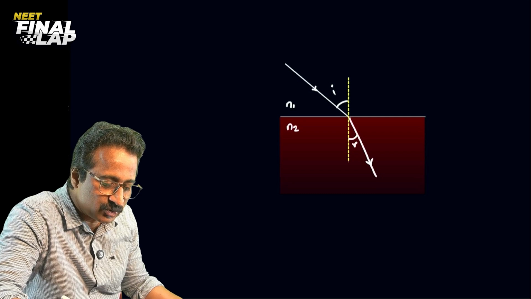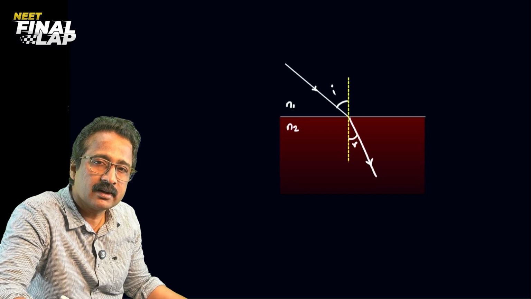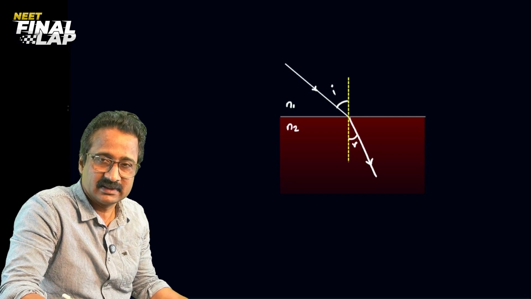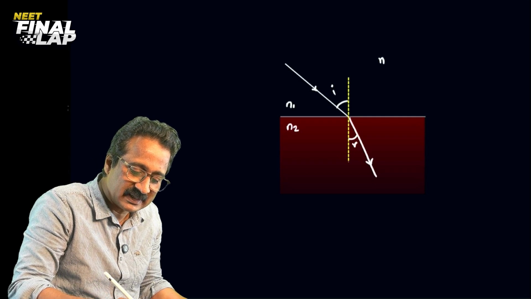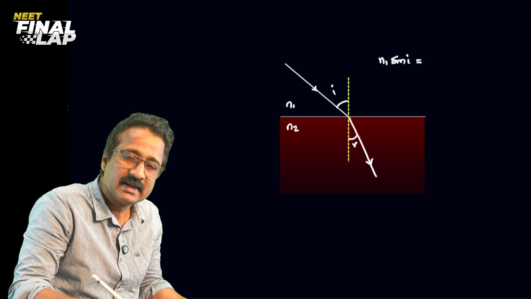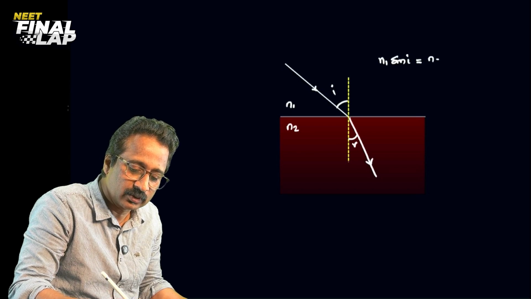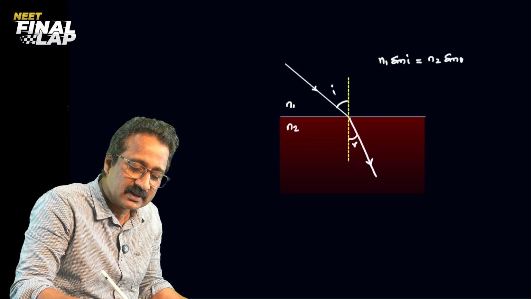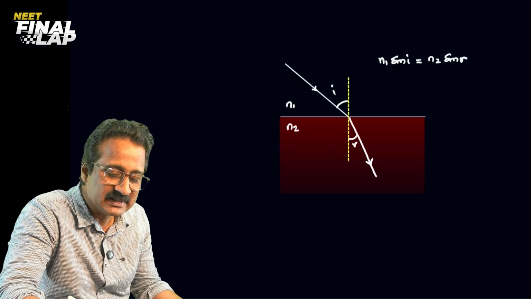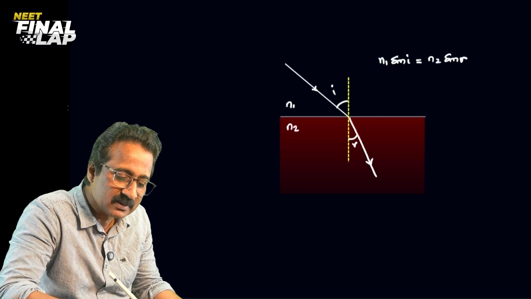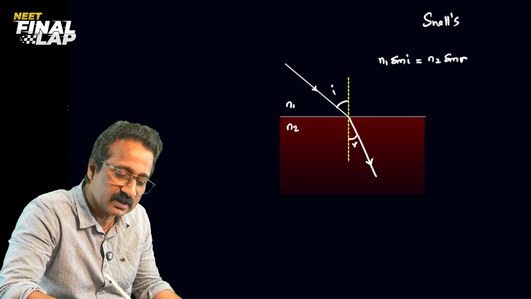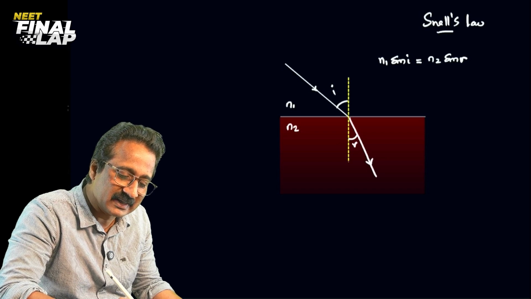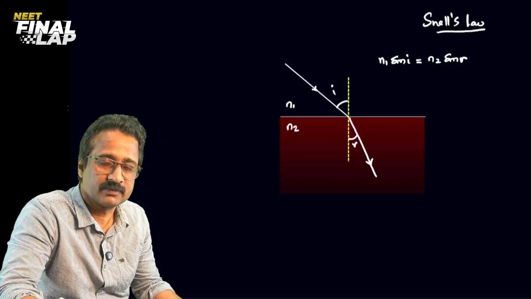If N1 and N2 are the refractive indices and I and R are the corresponding angles in these two media, then the first part of the law of refraction relates these two angles using the expression N1 sin I = N2 sin R. The equation I have written here is actually called Snell's law. That's the first part of this law. It relates angle of incidence and angle of refraction.